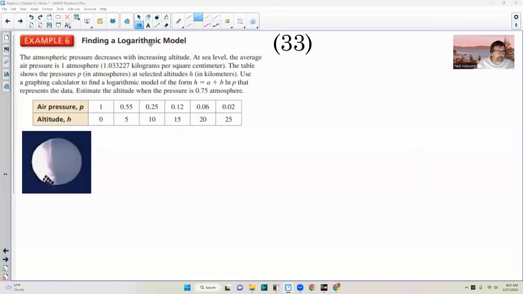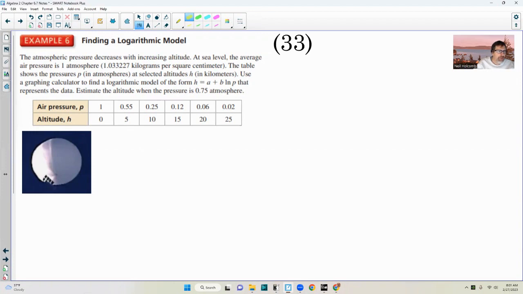Okay, example 6, finding a logarithmic model. So it says the atmospheric pressure decreases with increasing altitude. At sea level, the average air pressure is 1 atmosphere. That is 1.033227 kilograms per square centimeter.